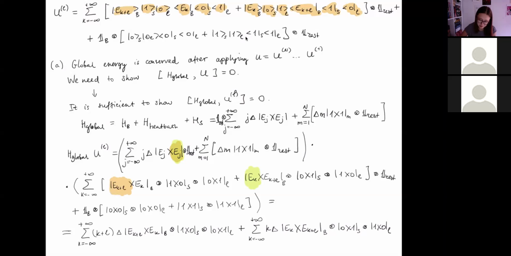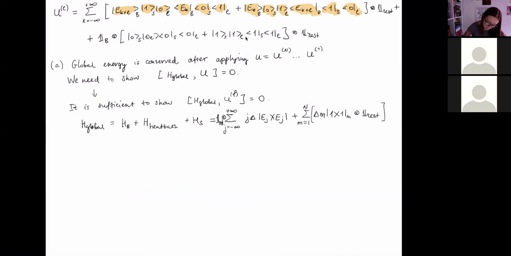Ideally I would need to write identity on the rest, but let us just say that this happens implicitly, and I don't write it down. Okay, this gets a bit uncomfortable, so what I suggest we do is copy this and go to the next page.